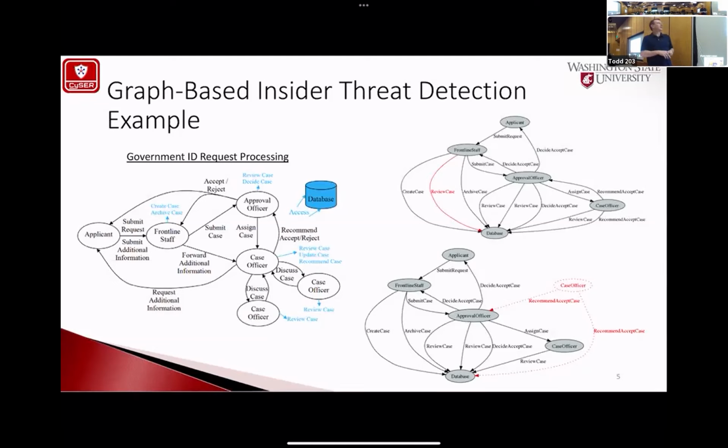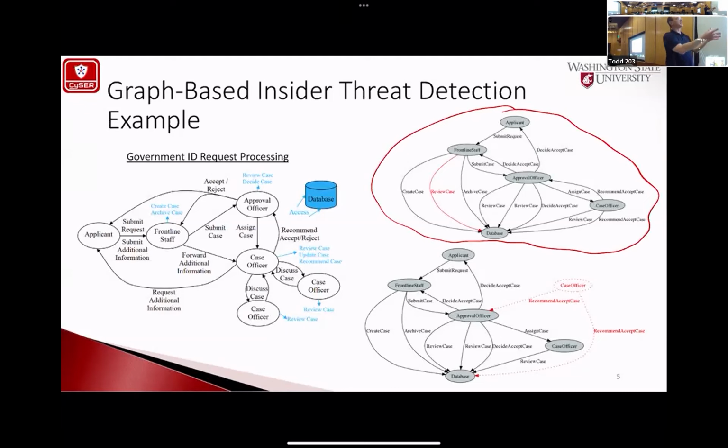And so the question is, how could they detect that, for example, the frontline staff shouldn't be accessing the database in terms of looking up information, but they do access the database to create cases and things like that. And so you really need a lot of contextual information. So this is kind of the situation over here, where the idea is that the stuff in dark here is what we call a normative pattern. That's what normally takes place.